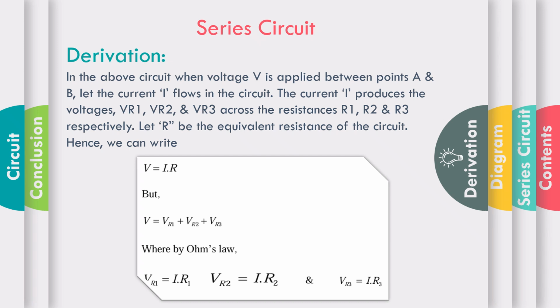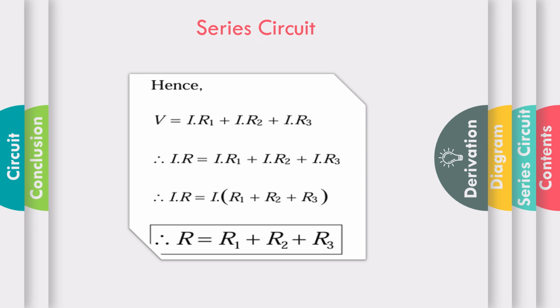We have the values of VR1, VR2, VR3 and V also. Put these values in the above equation. That is V is equal to VR1 plus VR2 plus VR3. We will get the next equation: V is equal to, instead of VR1, we put I into R1, for VR2 I into R2, and for VR3 I into R3, and V is equal to I into R. The equation will be I into R is equal to I into R1 plus I into R2 plus I into R3.